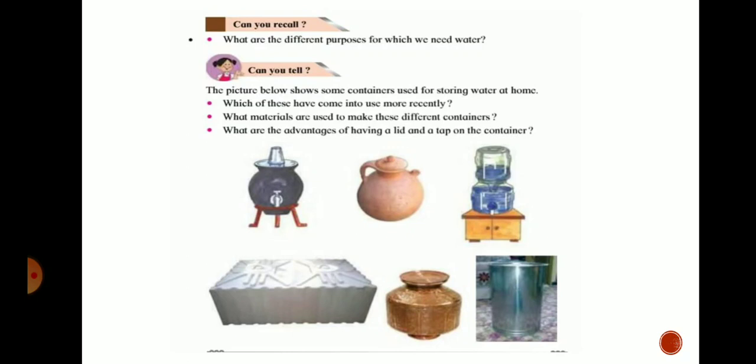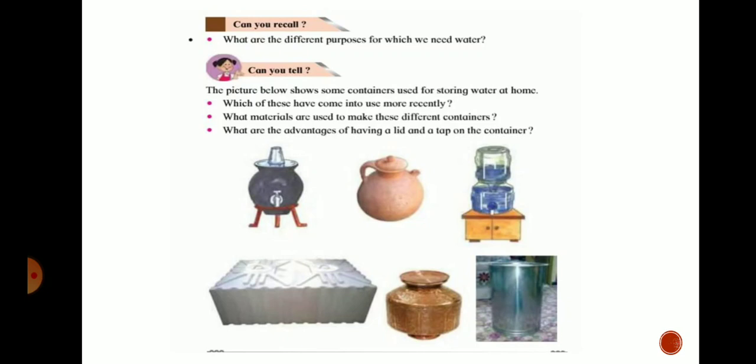What materials are used to make these different containers? So there is plastic, metal like steel, copper, and earthen pots.